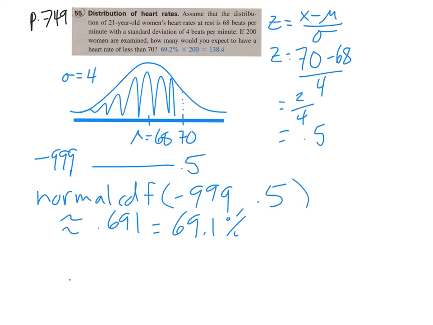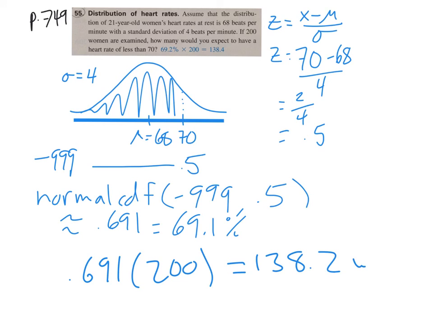You just take the decimal, 0.691, and you multiply it by 200. And this gives you about 138.2. And this is a word problem, so we should answer it. It's 138.2 women.